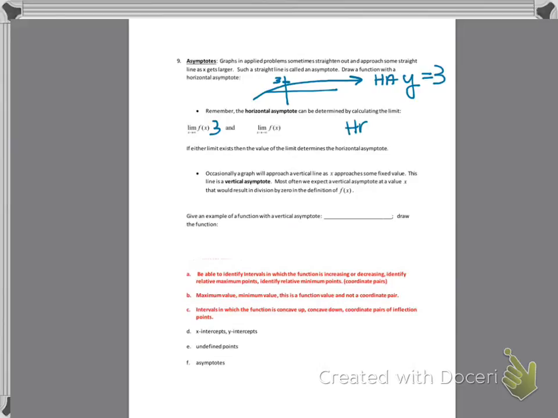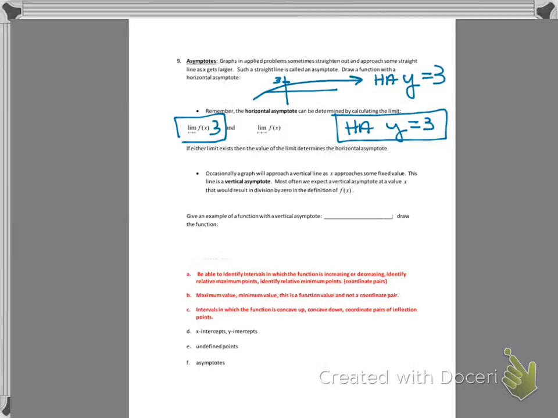My horizontal asymptote is the line y equals 3. So make sure you understand what the question is so that you give the appropriate answer. If I ask you for the horizontal asymptote, you have to give me a line in the form of y equals. If I ask you for the limit as x goes to infinity, you have to just give me a value if such a value exists.